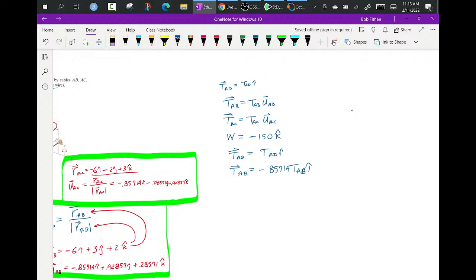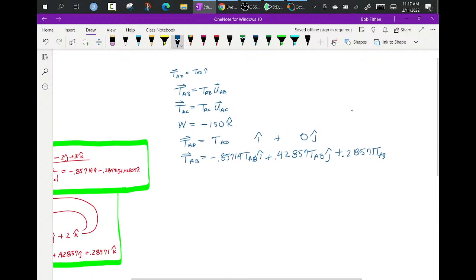Then plus 0.42857J, plus 0J, plus 0.28571 TAB K, plus 0K.